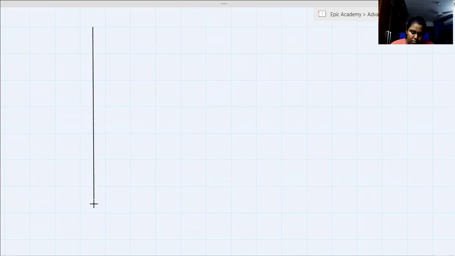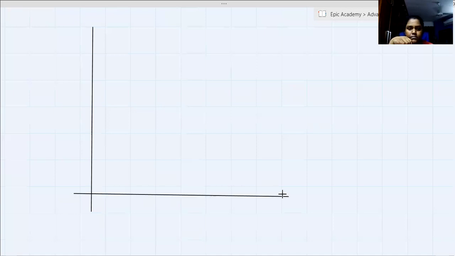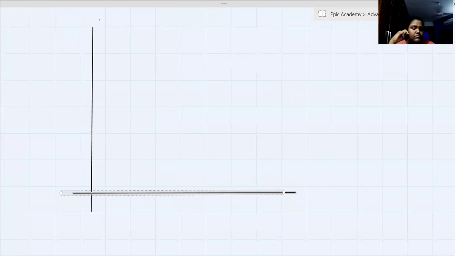It's very easy to identify that one. So this is the price axis. If you can copy this, it will be very easy to identify. You can also start copying with me. Copy the graph, horizontal axis and vertical axis.